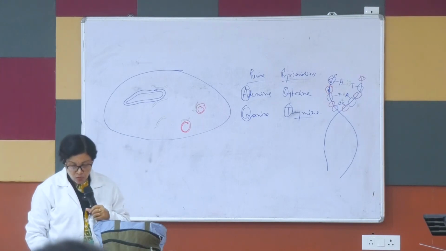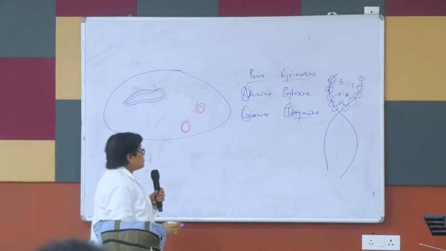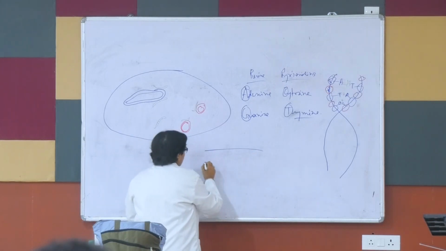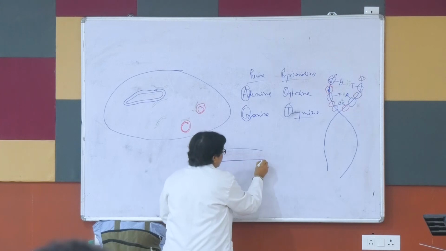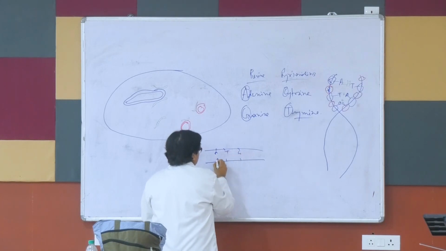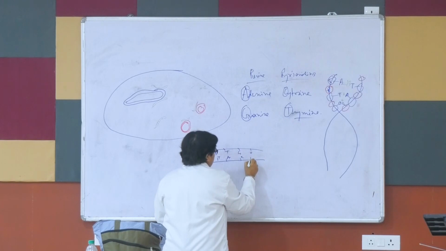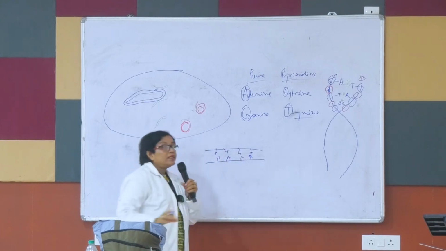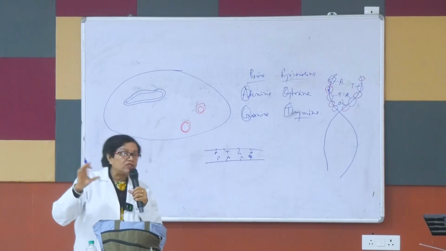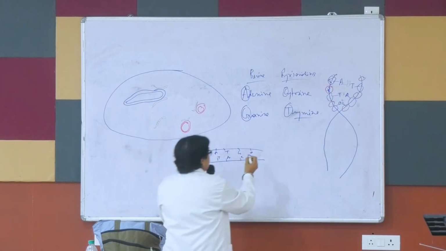So, this much you know, and replication you also know. Just the recapitulation. When there is replication, there is separation of the strands, just like a fork.